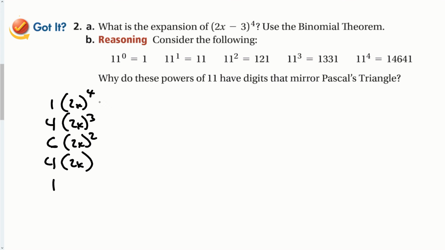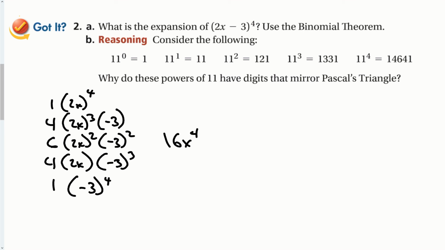And then negative 3 starts at nothing, first power, second power, third power, fourth power. So 2 to the fourth is 16. 2 to the third would be minus 96x to the third.